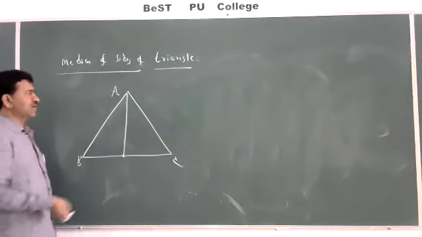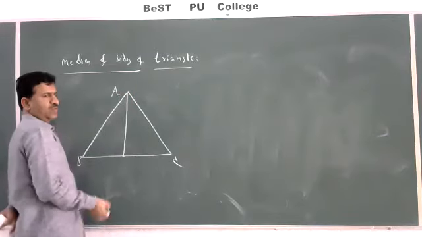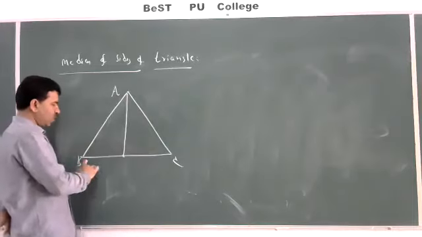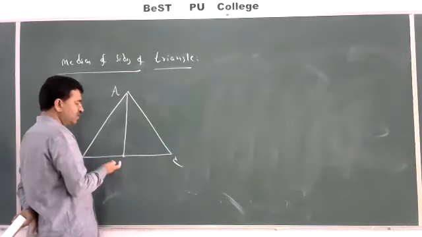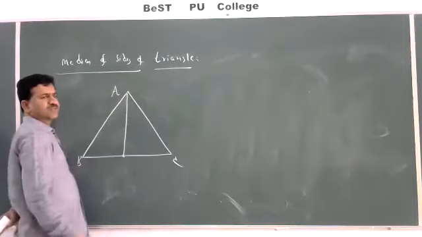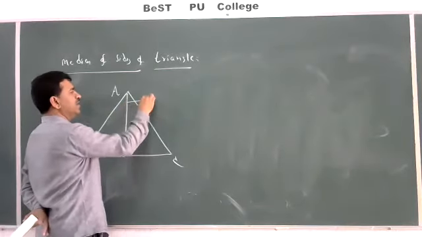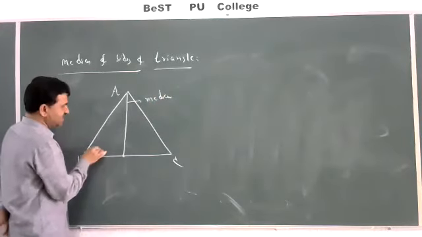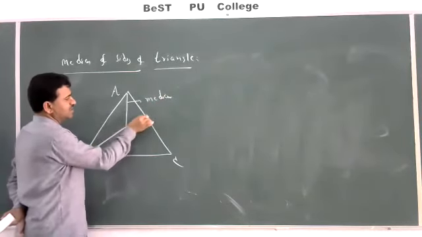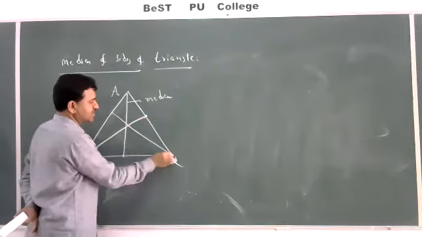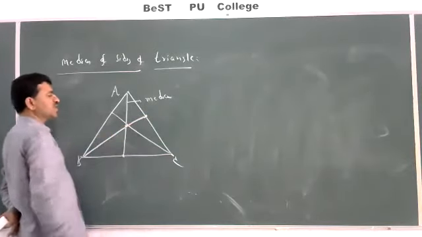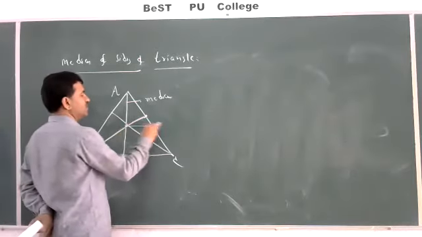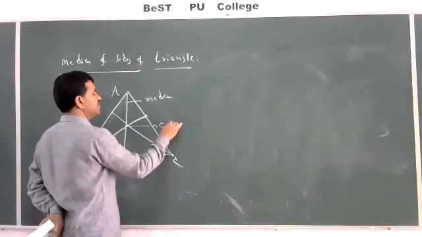In a triangle, the line segment which joins the midpoint of a side to its opposite vertex is called a median. So three medians exist in a triangle. We have three sides, three medians exist, and these three medians are concurrent, and the point of concurrency is called the centroid. It is denoted by G, centroid.